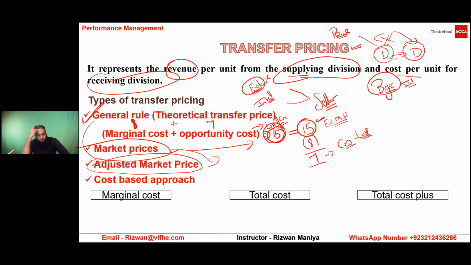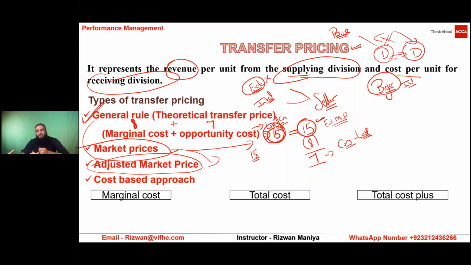For example, if I sell you for 15 because I can get the same price from the market, that's fine. But for example, because I sell externally, I need to incur the packaging cost or the distribution cost.